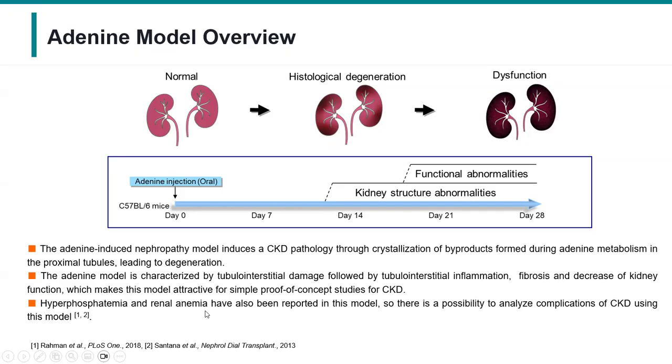There is a possibility to analyze these complications of chronic kidney disease using this model. We normally see kidney structural abnormality between day 7 and 14, and then the functional abnormality will be seen between day 14 and day 21.